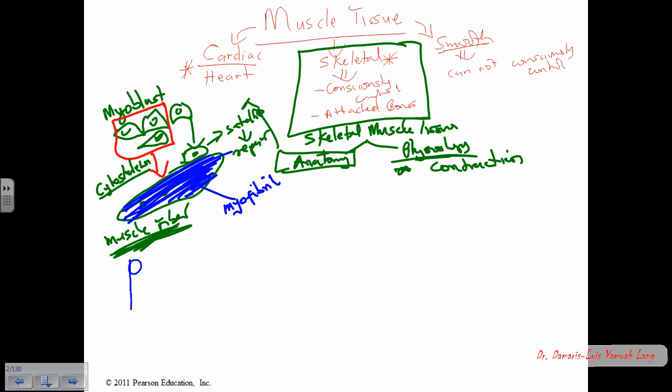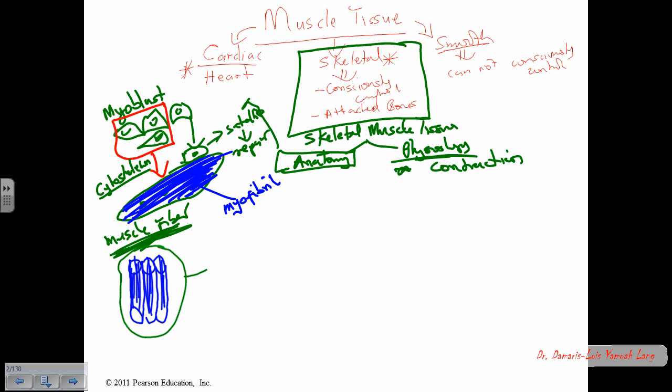This is a myofibril. Another myofibril. Are you all getting this? And these myofibrils are filled with filaments. These myofibrils are located inside of the muscle cell.